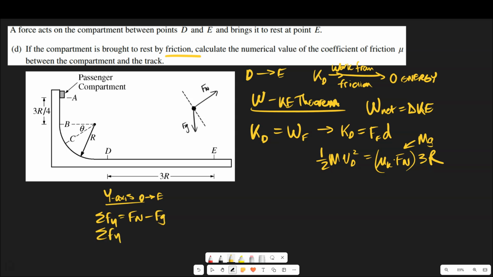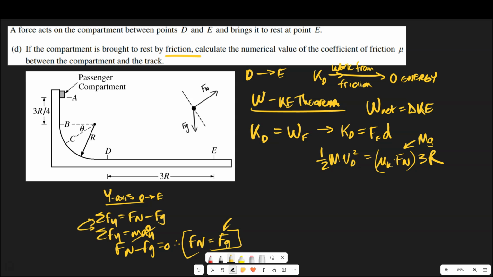The sum of the forces in the y is equal to mass times acceleration in the y. During the time as you go from D to E, the acceleration in the y is 0, so that goes away. You set these equal to each other: F_n minus F_g is equal to 0. Therefore, we can say F_n is equal to F_g. In terms of their magnitudes, they are equal and opposite to each other.